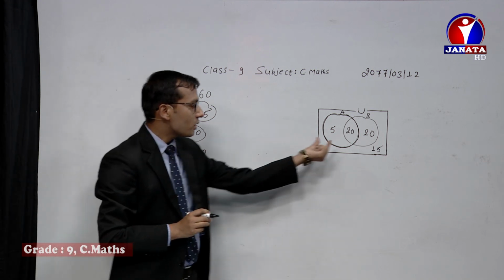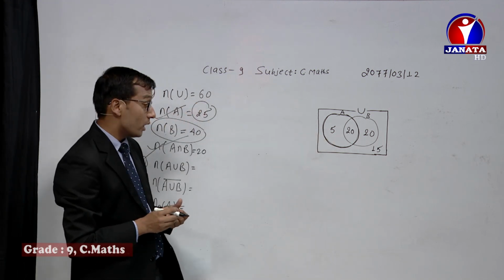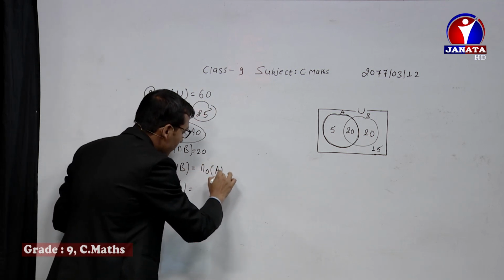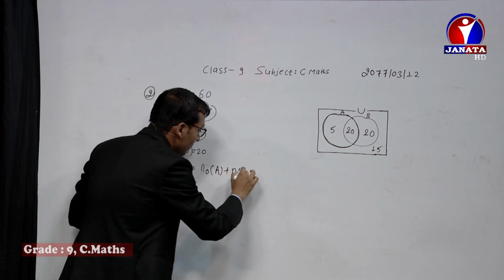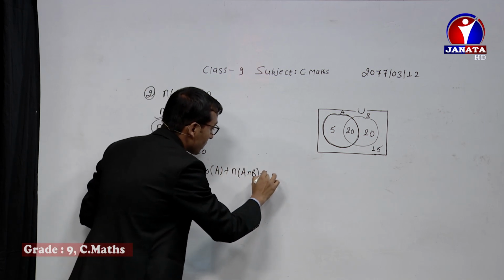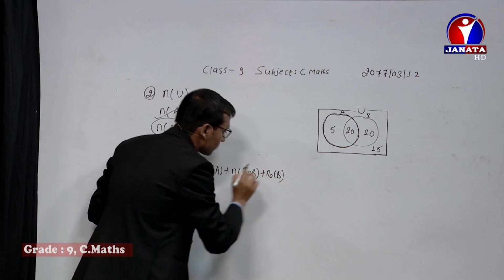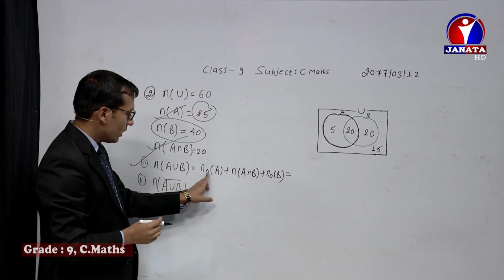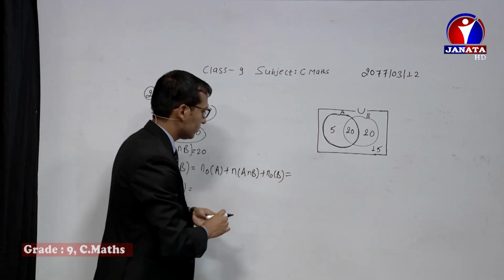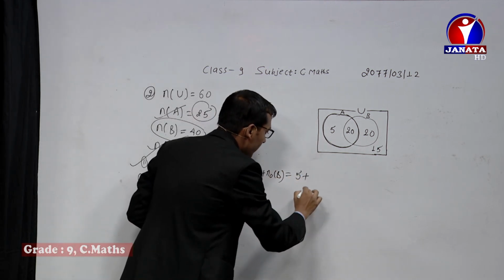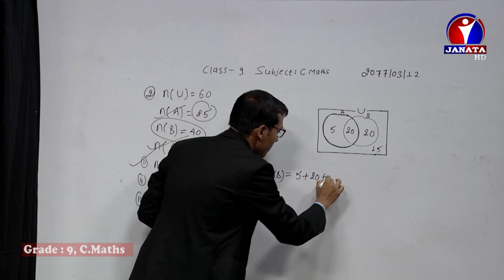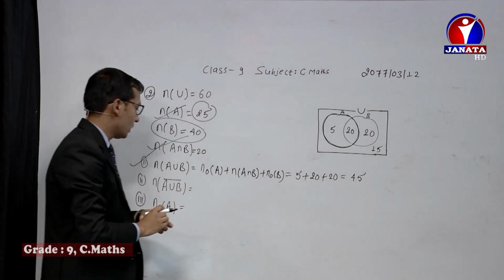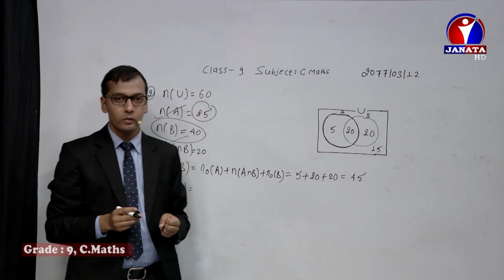With the help of this diagram, n of A union B is n only A plus n of A intersection B plus n only B. n only A is 5, plus intersection is 20, plus n only B is 20, this is 45. n of A union B is 45.